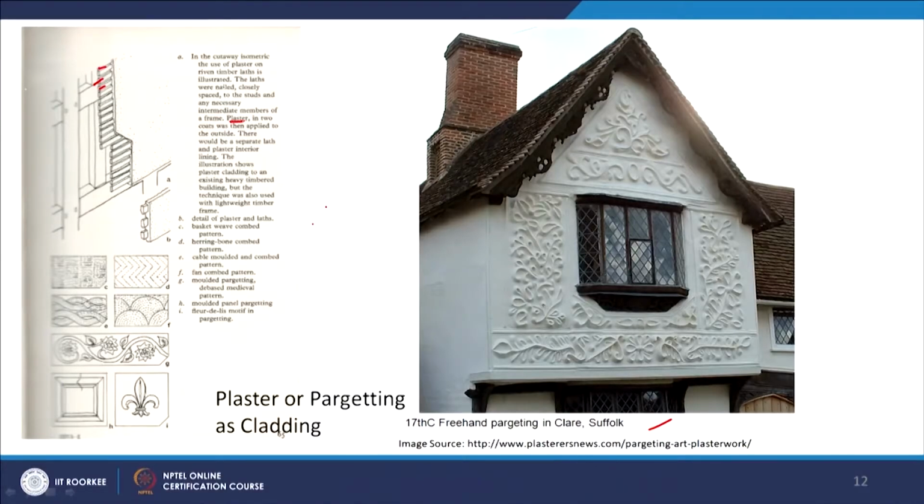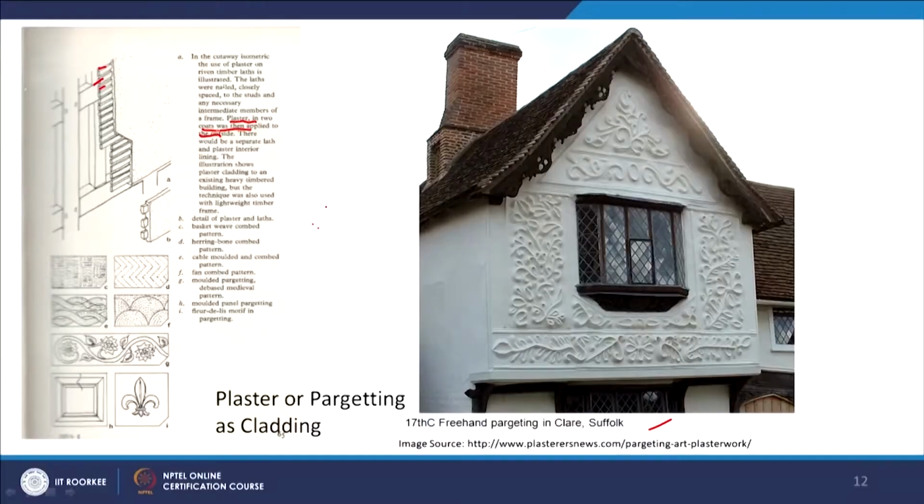Frame plaster in 2 coats was then applied to the outside. It might be a stucco, a lime plaster, or a particular composition. At least 2 coats are used for the outside, and there would be a separate lath and plaster interior lining.